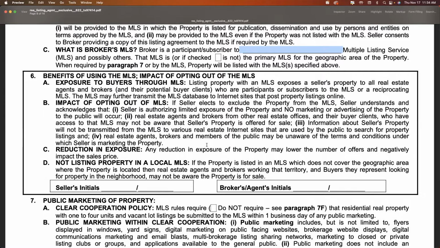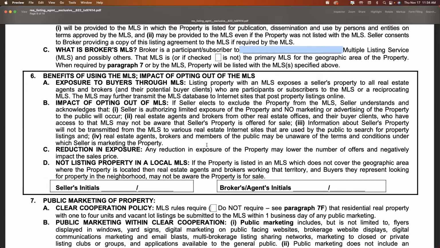And to be honest, I kind of lean that direction also. Normally when a listing agent is excluding something from the MLS, the majority of the time, it is the listing agent's choice to do that. It is not a request from the seller.